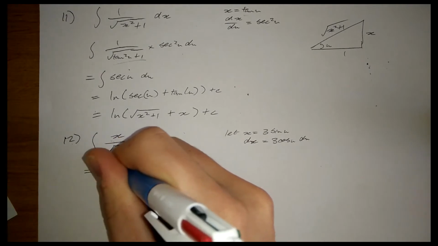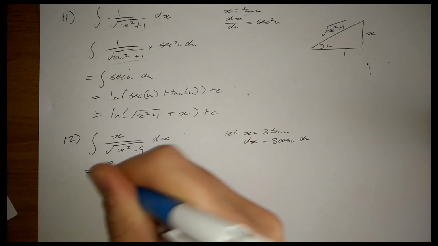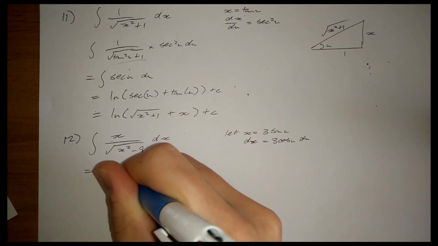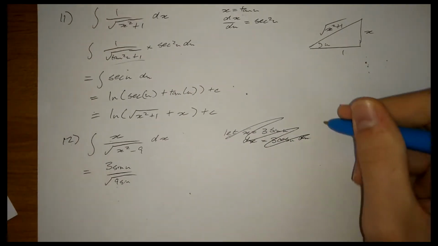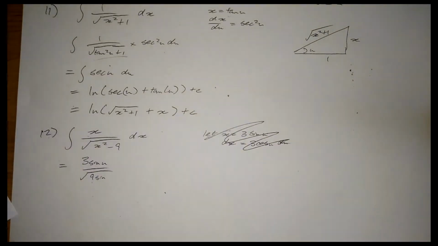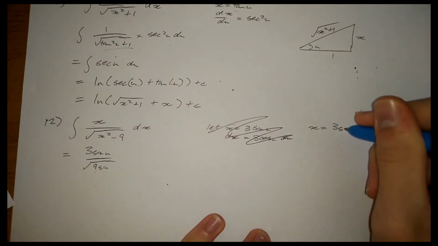So 3 sine u on 9. So this is x squared minus 9, so we need to use a substitution, 3 sec u.